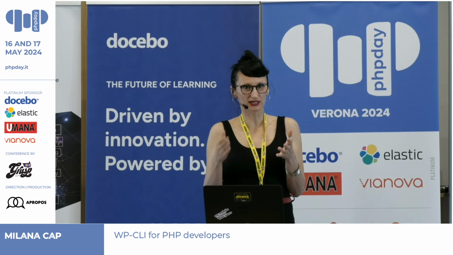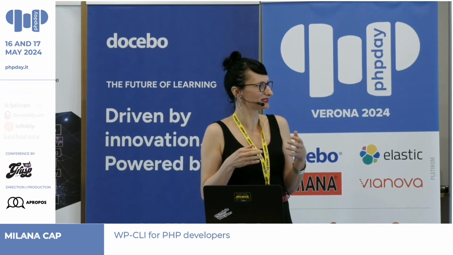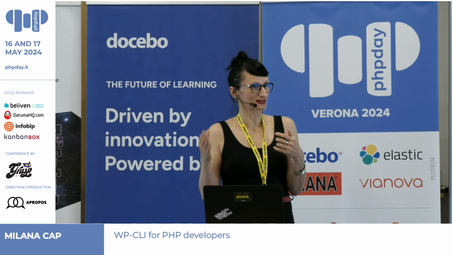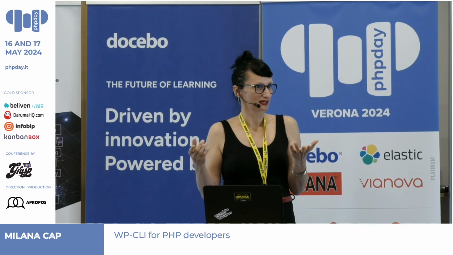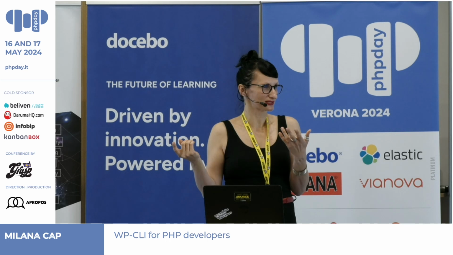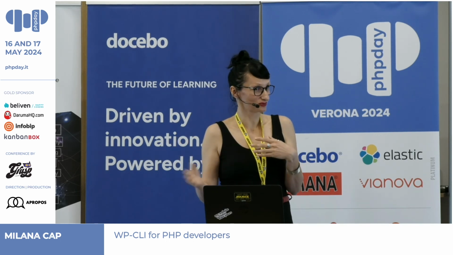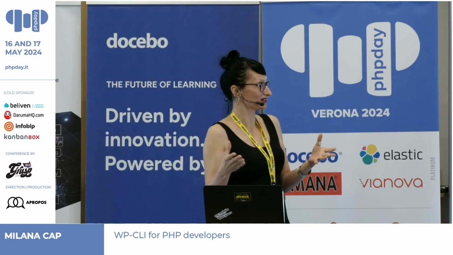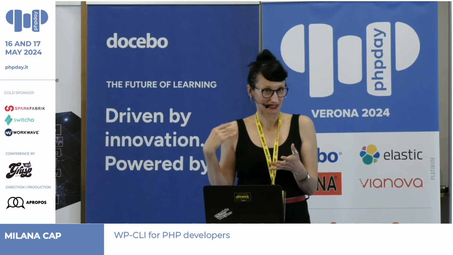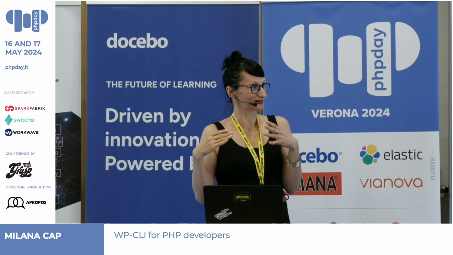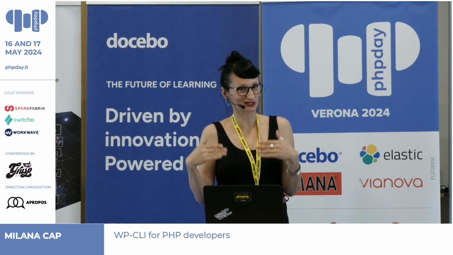Starting with 1 or 2 commands, it's really just run command and see what's happened, and then add another command. And when you think you have to do something, think, how would I do that with WP-CLI? So you will find another command, and you can create bash scripts if you don't want to memorize anything, and that will really make your life easier, and everything will work much faster.